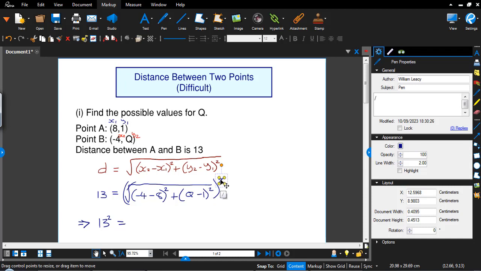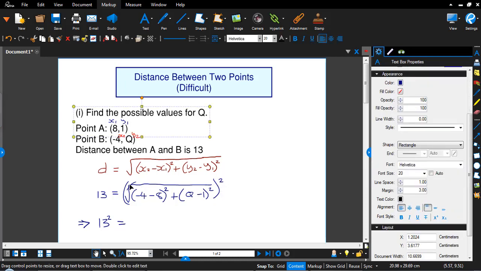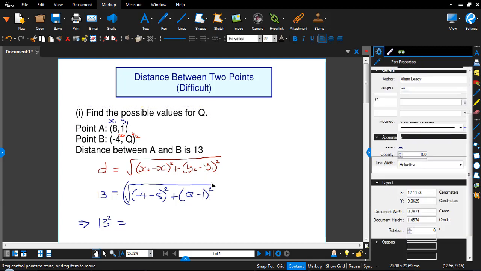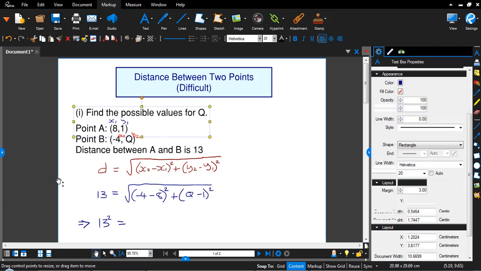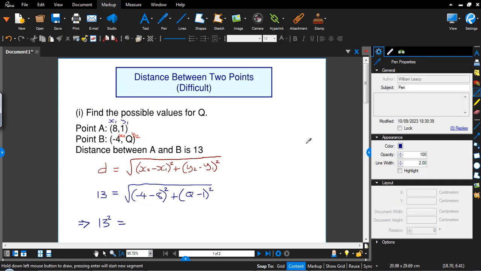I think I went over that a couple of times today, so we should be fine with that now. So if you square this side, you get rid of the square root. That equals minus 4 minus 8 squared plus q minus 1 squared.